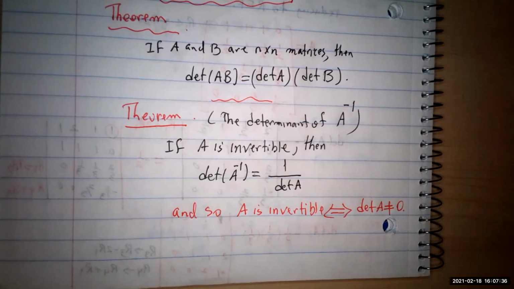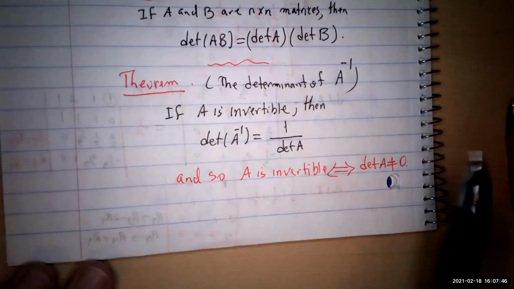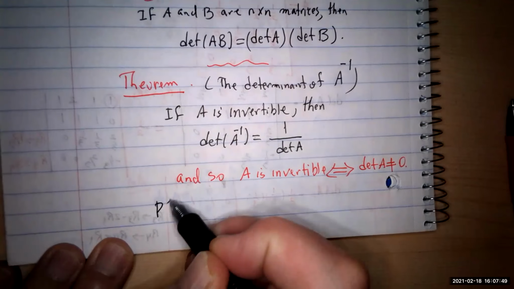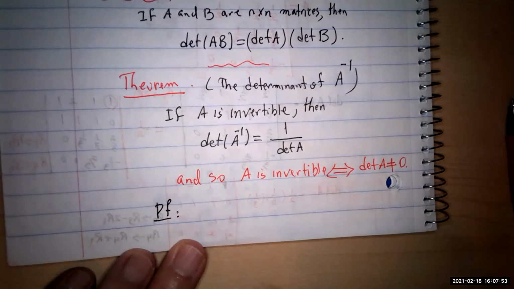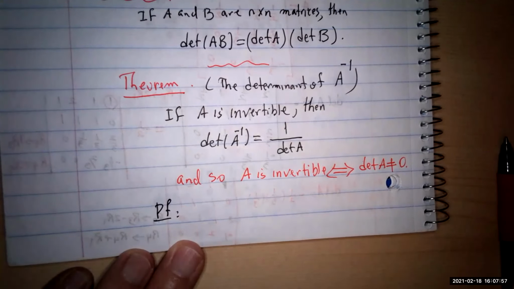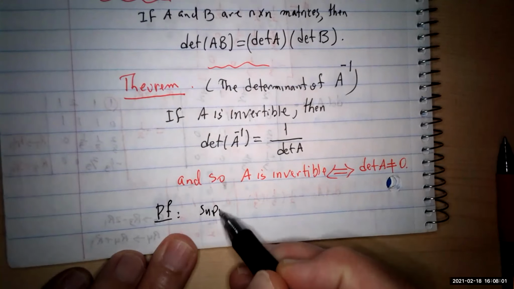So a matrix is invertible if and only if the determinant of A is not 0. This theorem is very easy to prove. Let me write it down for you so that you see the connection and the proof. Suppose A is invertible.